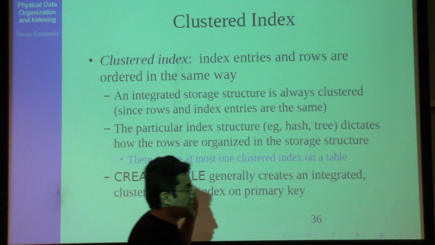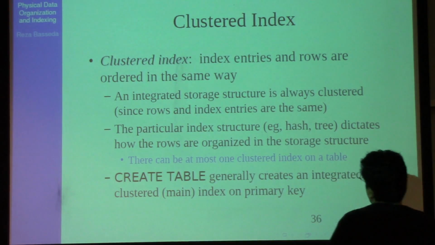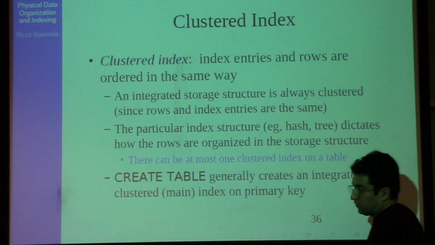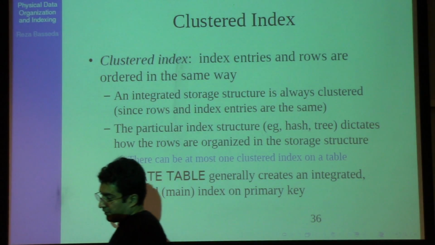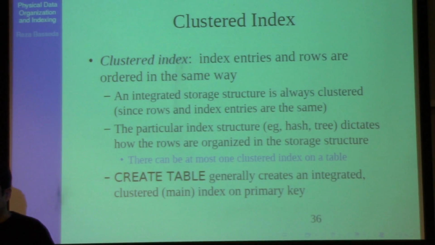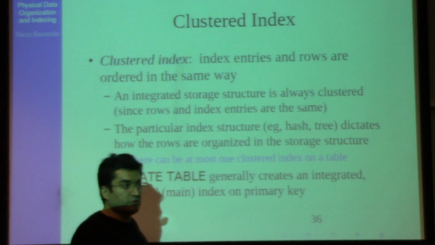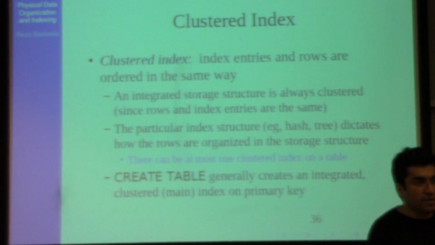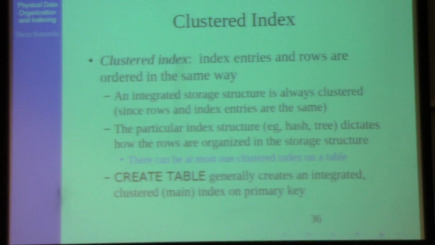So basically, particular index cases, like we will see about the tree and B plus tree and hash map, are also always dictating how the data should be placed in the file. For example, how a hash map works, you have the index key, okay? You give the index key to the hash map, it returns you a value, okay?